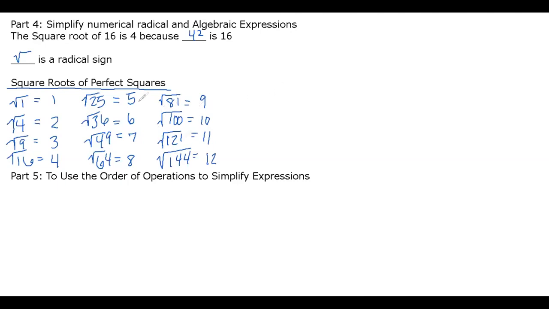So the same way we need to know what these square roots are, we also need to know what 1 squared, 2 squared, 3 squared, 4 squared are. We need to know all of those as well.